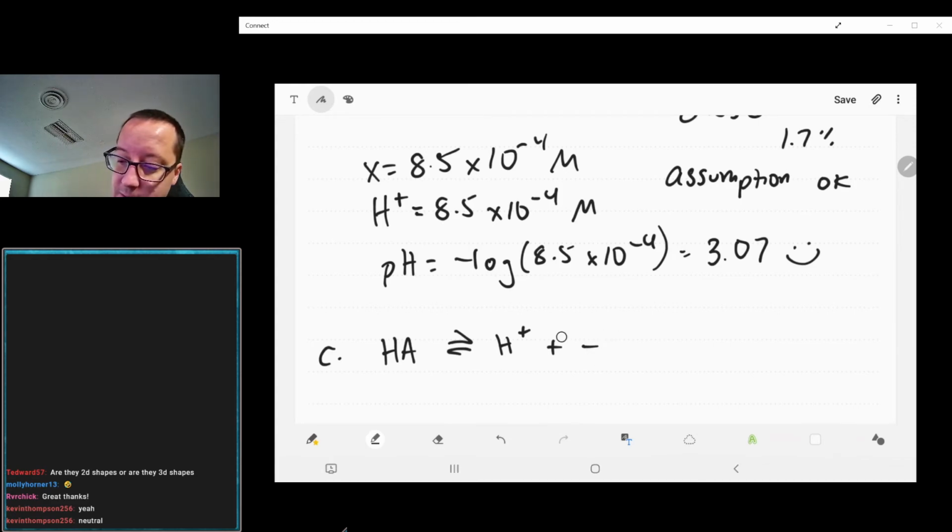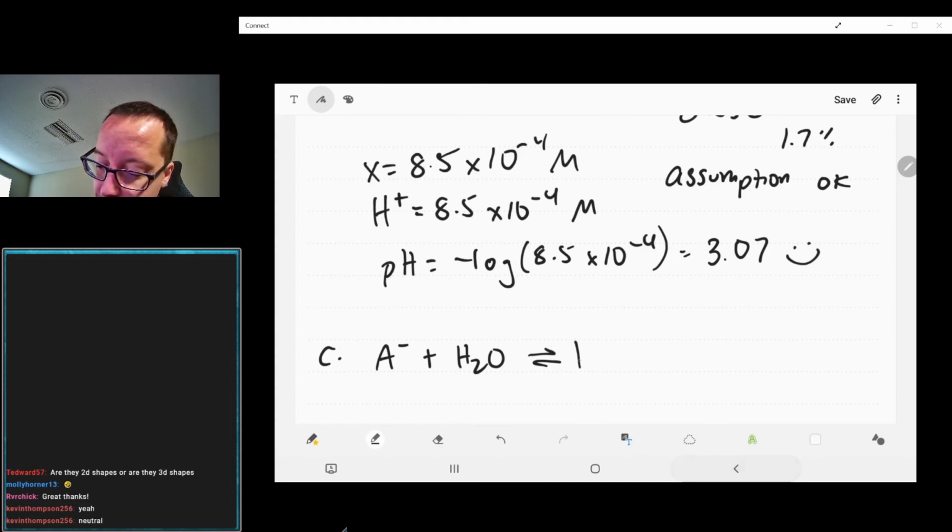Since we're doing Kb, we want to use the base dissociation. Or we could just use Ka again. Either way would work and we'd get the same answer. Let's just use Ka, I'll show you something different.